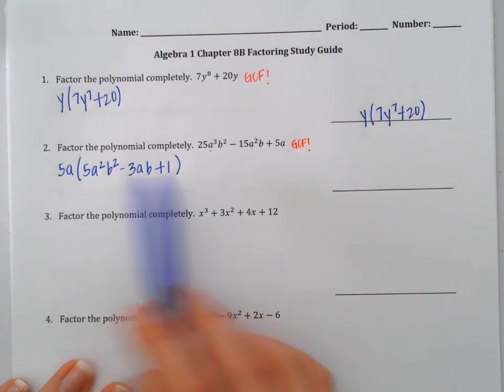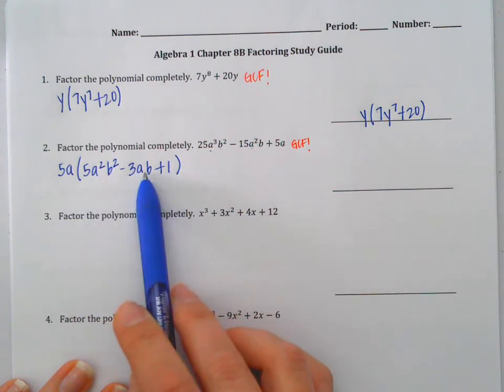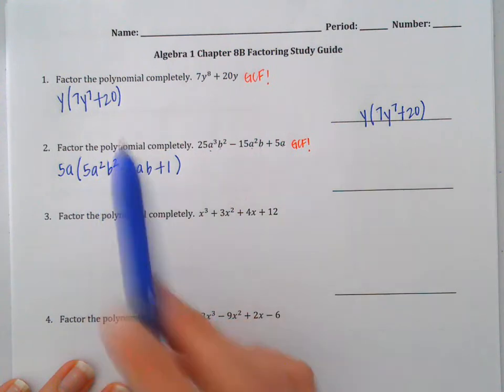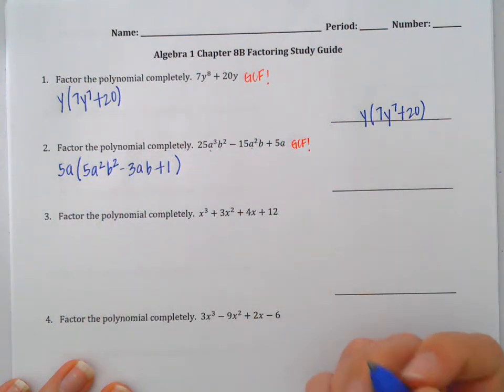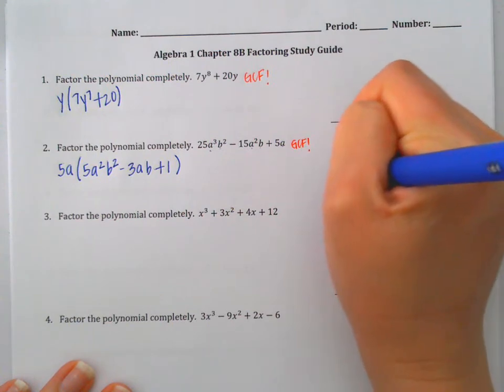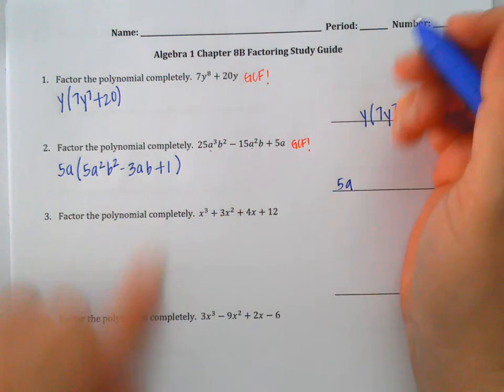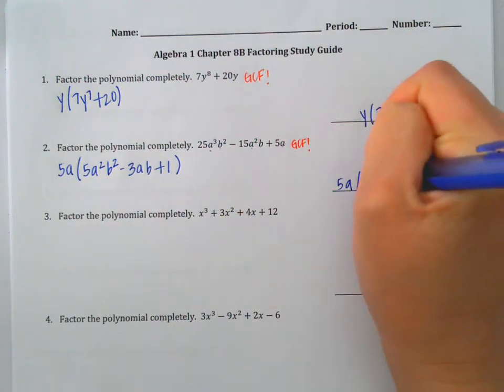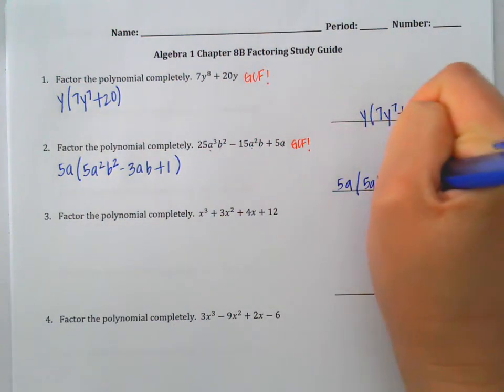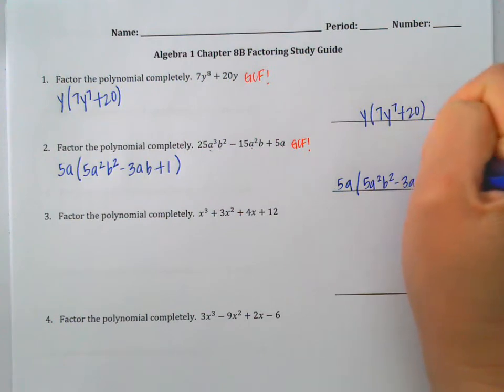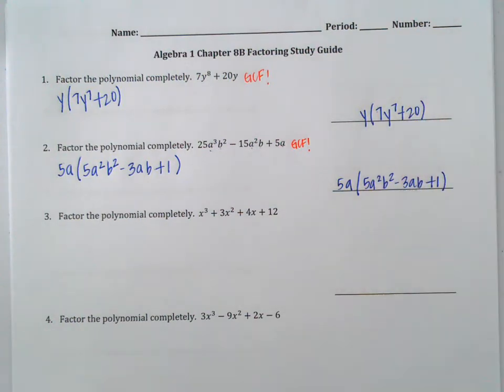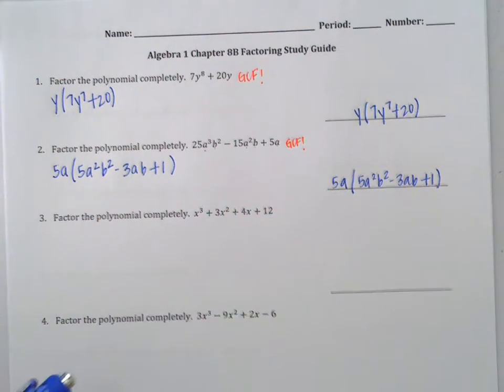Now, if I factor this further, which I can't because there's just too many variables, I wouldn't throw something like that at you for a test. So your final answer, to factor as a trinomial, is 5A times the quantity 5A squared B squared minus 3AB plus 1. So just a GCF there.